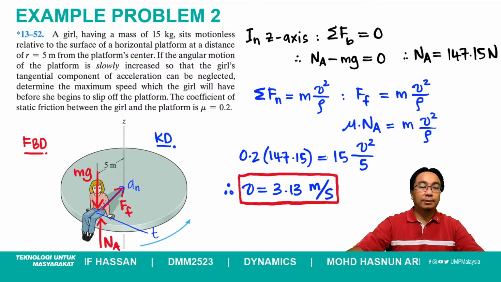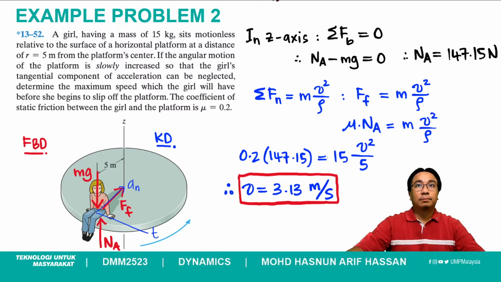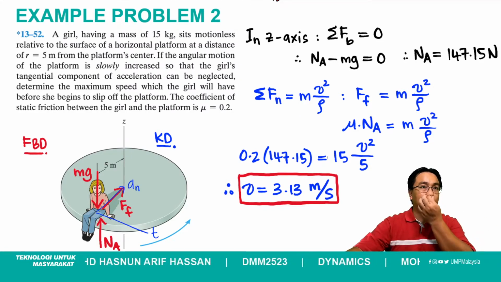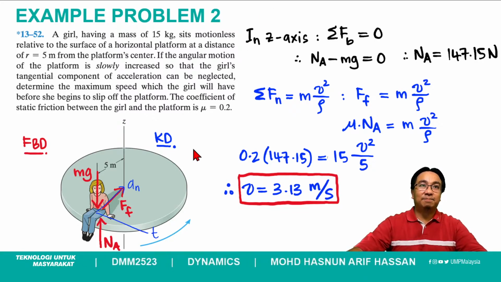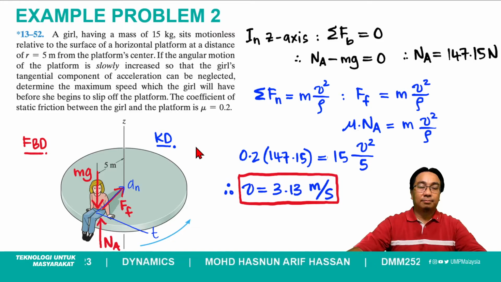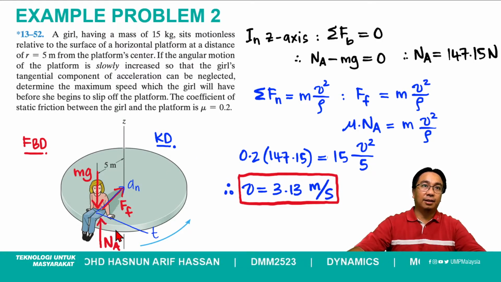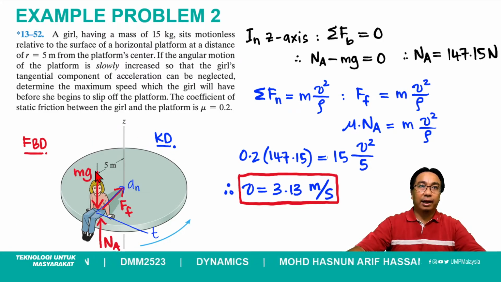Sir, why is mg on the top of the surface? How would you define mg? When the girl is sitting on the surface, of course the weight of the girl is acting downwards.